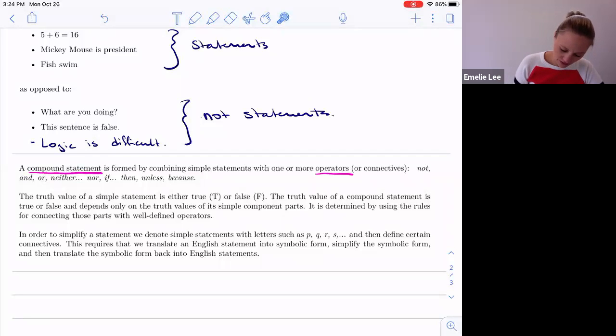We're going to talk about the rules for connecting parts. Using these operators, what does and look like? What does or look like? What does not look like? That's where we'll start, and then we'll move to things like if, then.